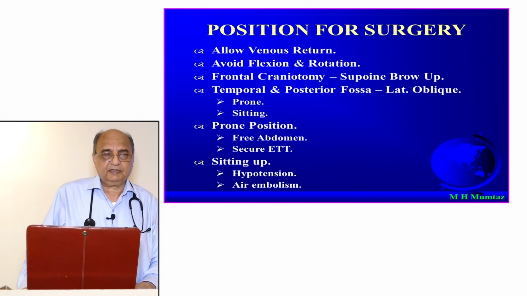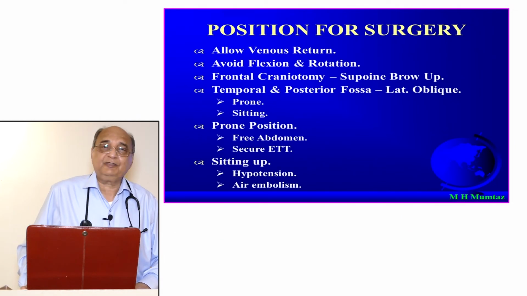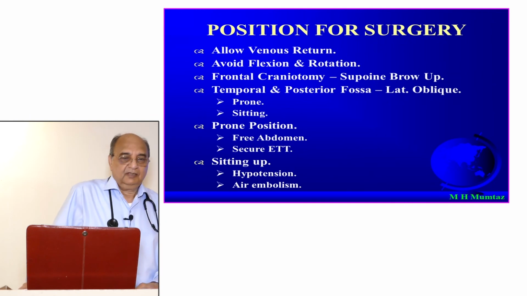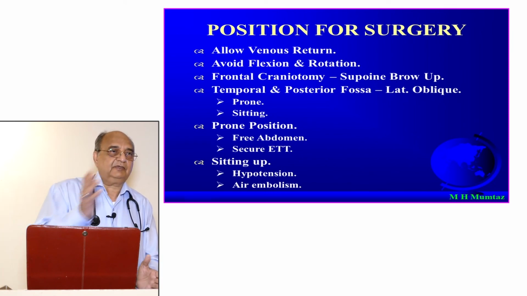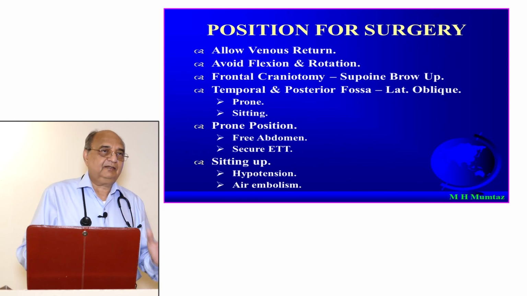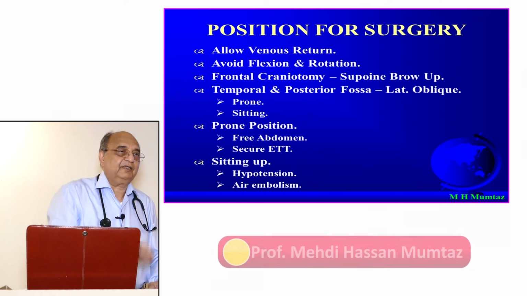There are some conditions in which the air can go into the heart, but don't let the air go into the pulmonary circulation. If it goes into the heart, turn the patient on the left side, lower the head of the patient. Lower the head, turn on the right side. Sorry, left side. Where will the air go? It will go to the apex of the right ventricle.